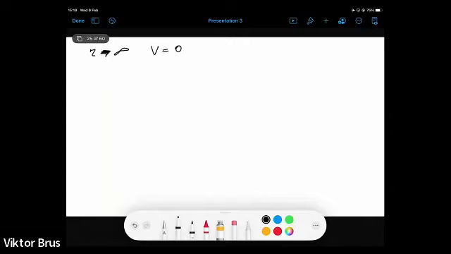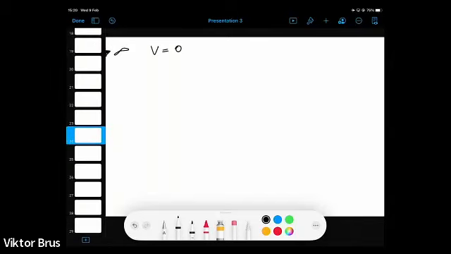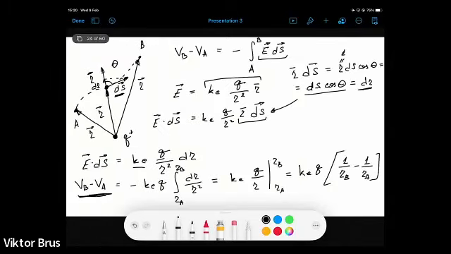So we can choose arbitrary anything, but this kind of makes sense, a physically reasonable choice. So we consider that at very far distance from electric charge, electric potential is equal to 0. So if we take this into account, and let me write down here this equation for potential difference.